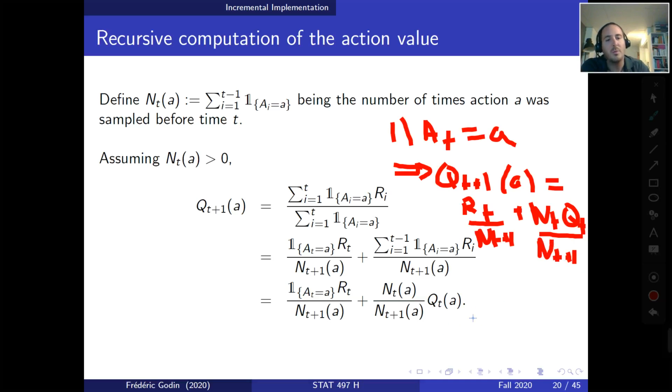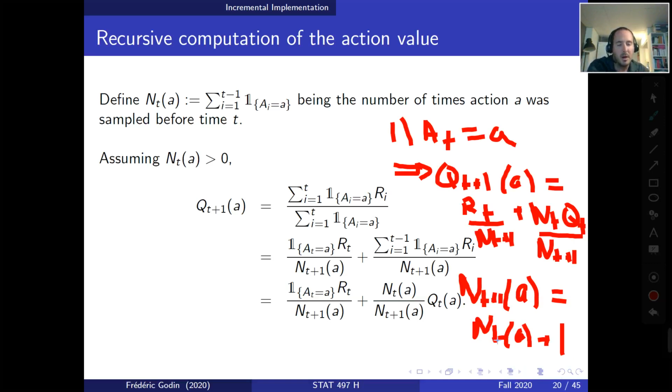And furthermore, since action a was selected, in that case we have N_{t+1}(a) is equal to N_t(a) plus 1.